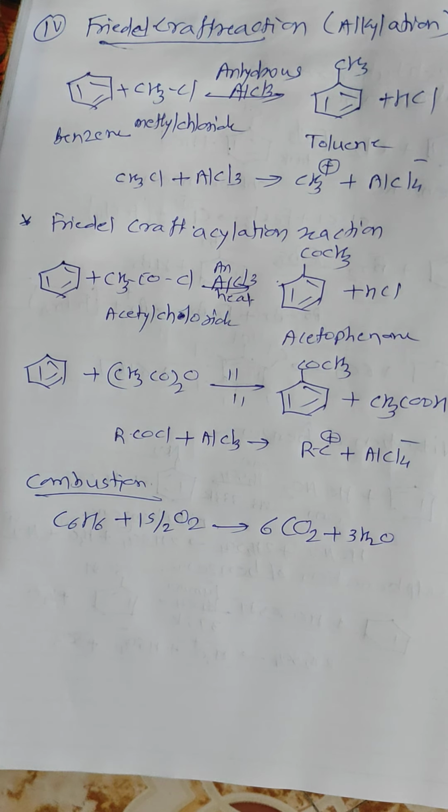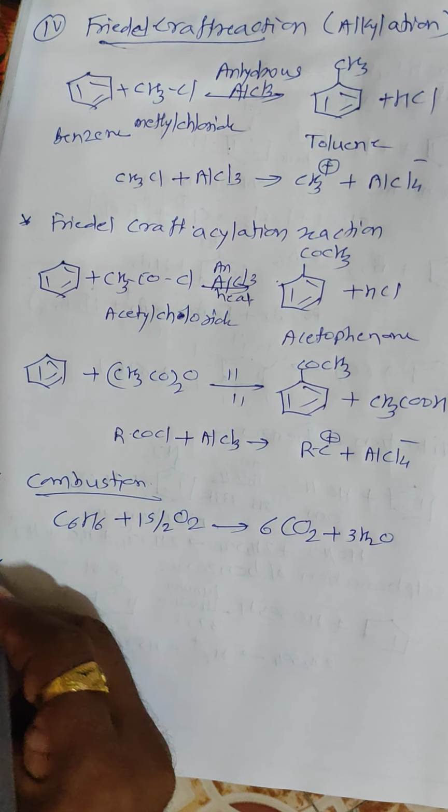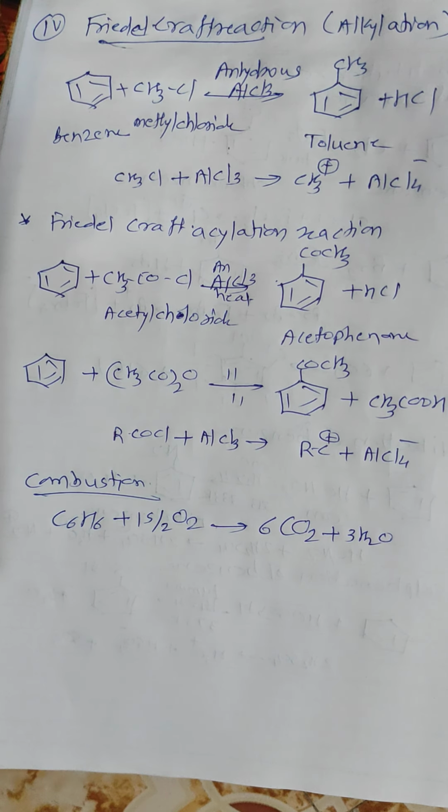And now, the next topic: directive influence of the functional group in monosubstituted benzene. In the structure of benzene, all hydrogen atoms are equivalent, therefore only one product is possible when it undergoes electrophilic substitution reaction. So benzene gives the corresponding monosubstituted benzene.